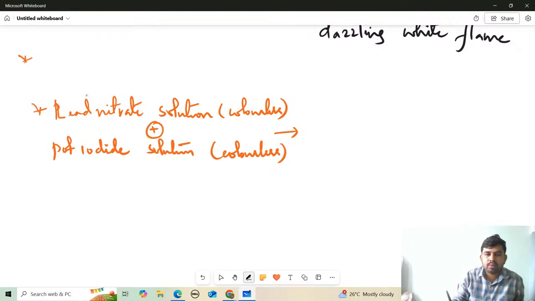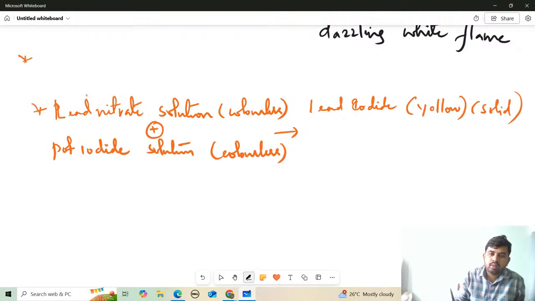They get a new substance, lead iodide, which is yellow in color, and remember, it is a solid, meaning insoluble. And one more substance we get is potassium nitrate.